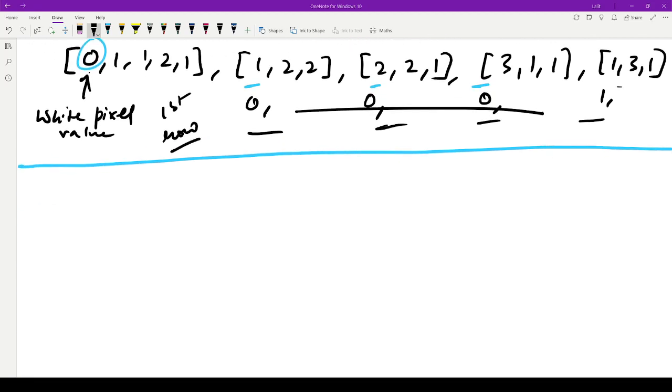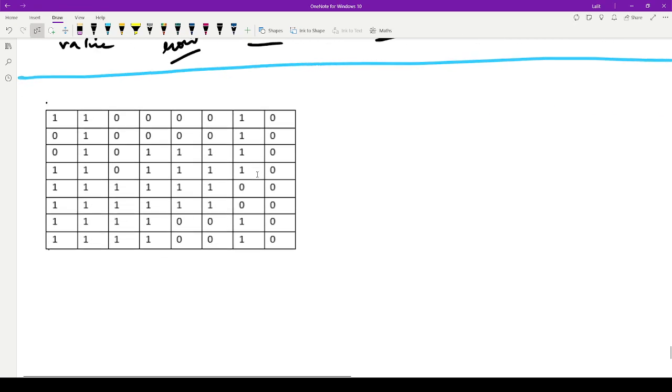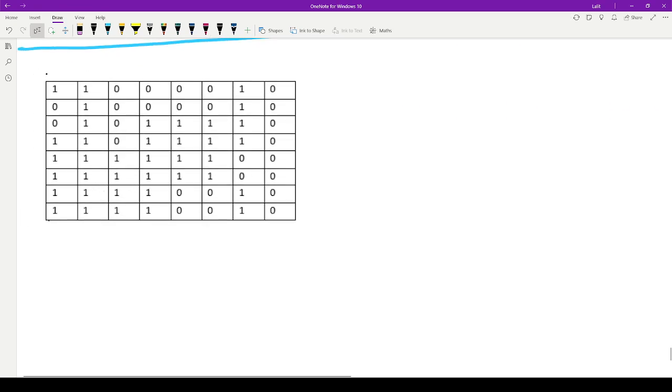Okay, so we will move on to the next one. This is again a similar question in the sense that we'll try to compress the image like the previous question, but we'll use a quad tree instead of the basic coding techniques that we used till now.